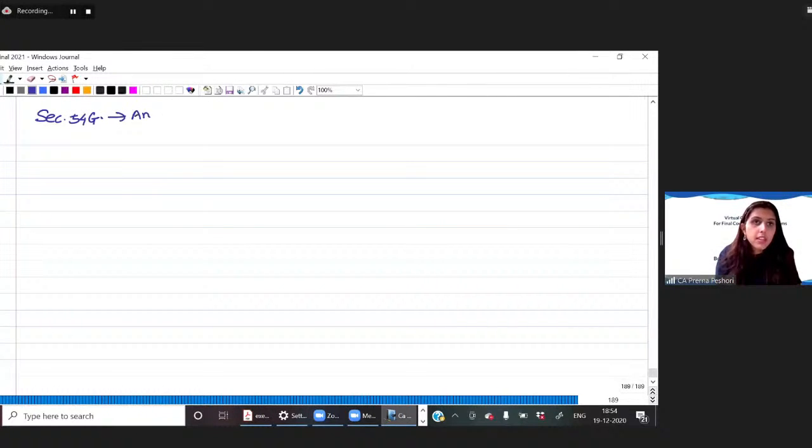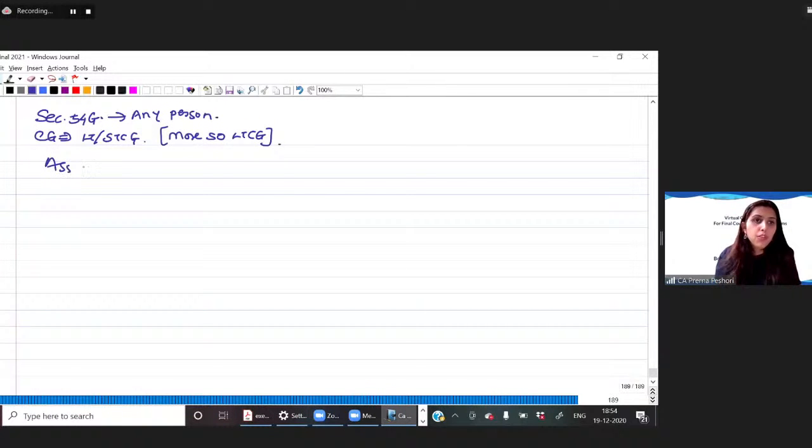It is available to any person. Again, capital gain may be long term or short term, but more specifically it will be long term.